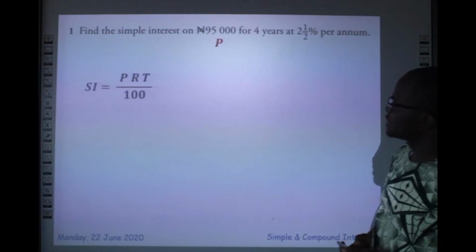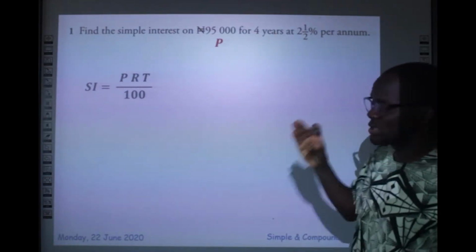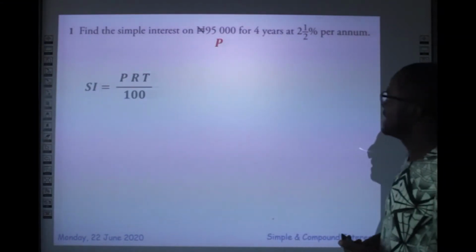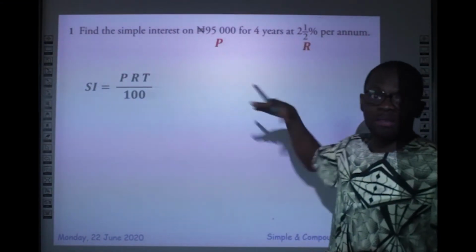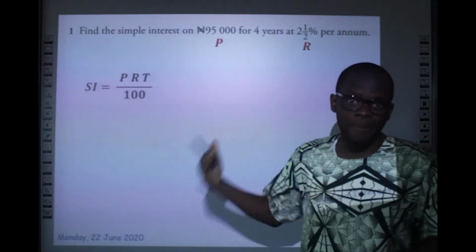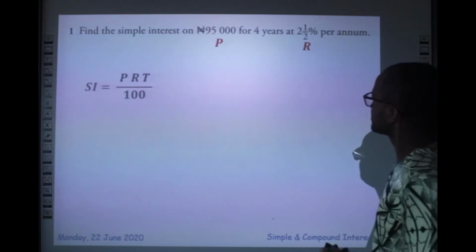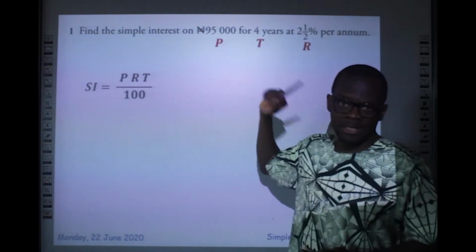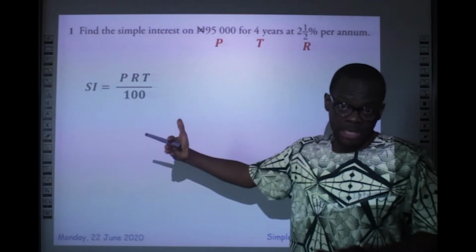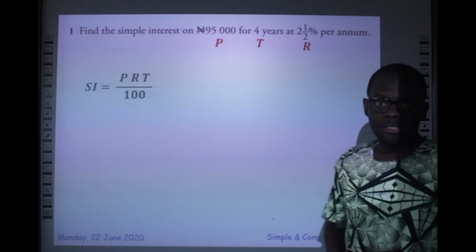The 95,000 naira is your principal, which is the amount you're starting with. The rate, 2.5%, is usually given as a percentage. And the time, 4 years, is normally given in years.